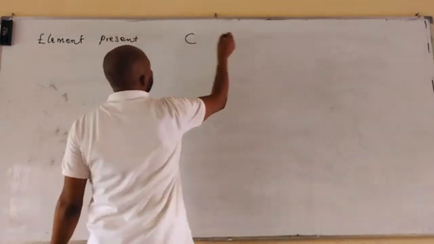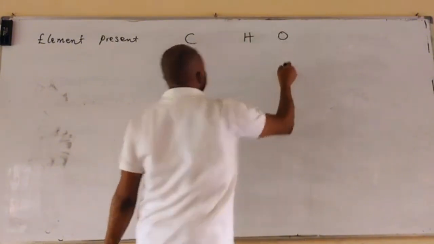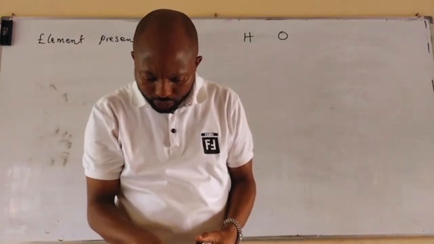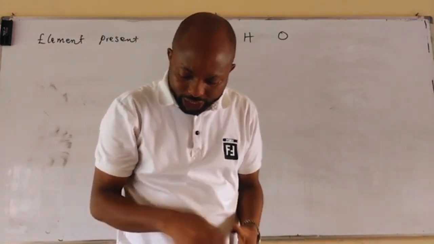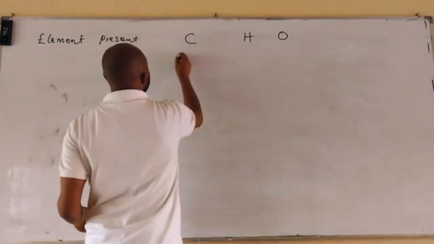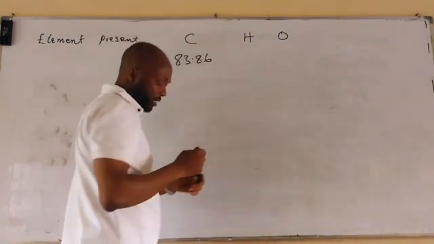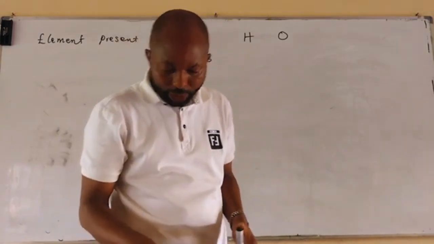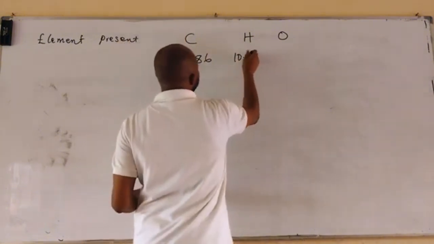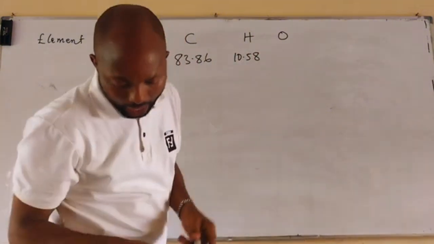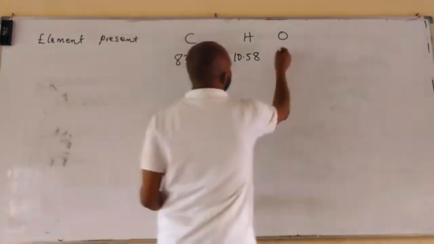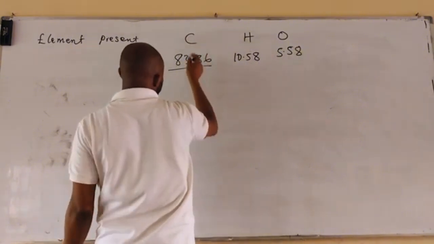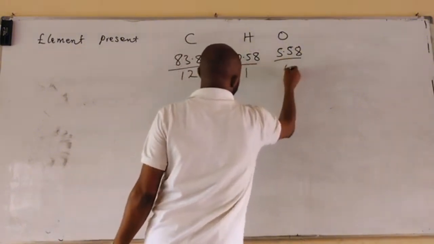Let's check the percentages: 83.86% of carbon by mass, 10.58% hydrogen, and the last 5.58% oxygen. Divide by the relative atomic masses, which are 12, 1, and 16.